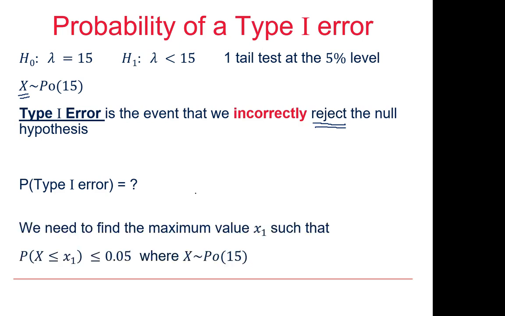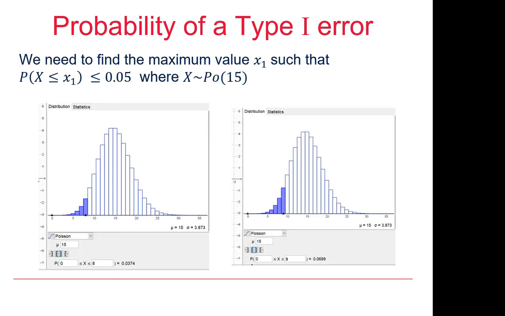That means we need to find critical values, our extreme tail, such that the probability of getting that value or less is equal to or less than 5%, because we're testing at 5%, where we have a random variable following a Poisson distribution where lambda equals 15. We need to find the maximum value for an outcome so that our probability is less than or equal to our 5% significance level.